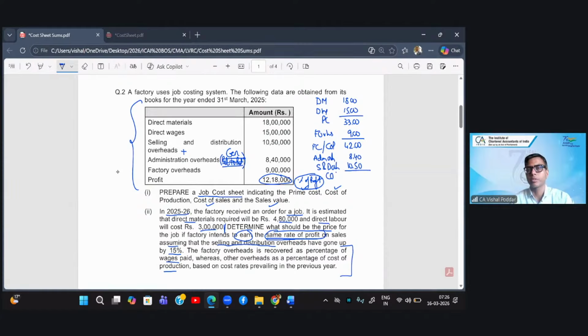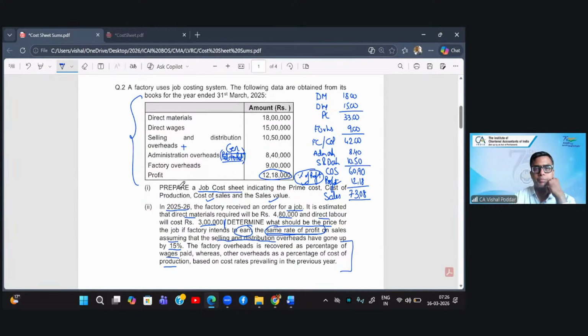So this is my COS. 50, 60, 60, 90. And to this, the profit to be added is 1218. So my sales is 7308. Correct, students?